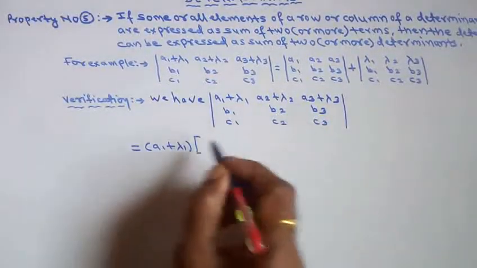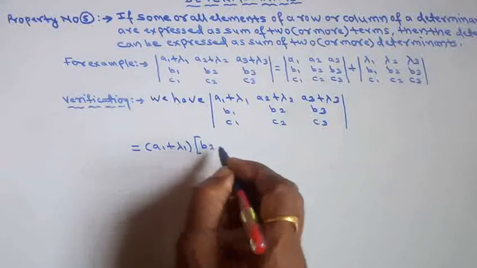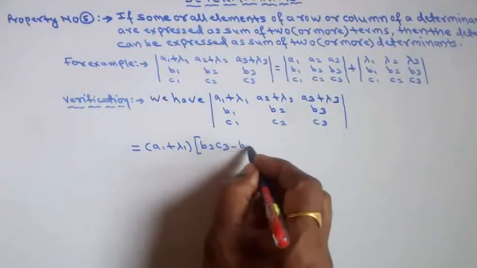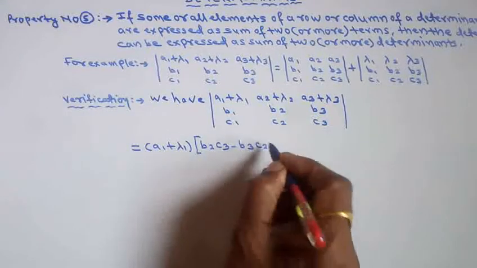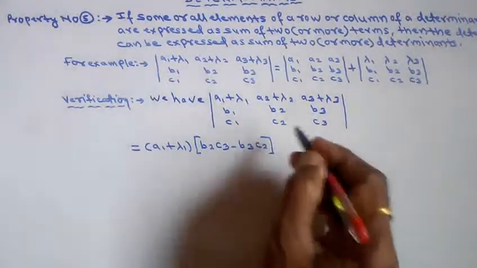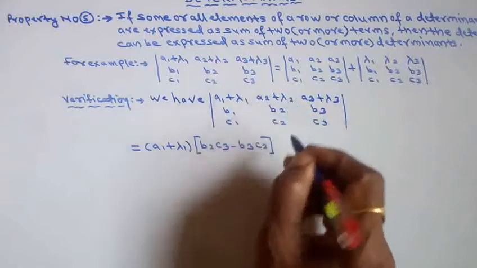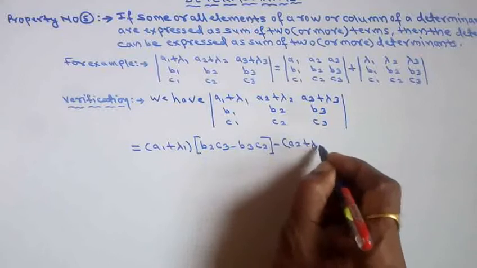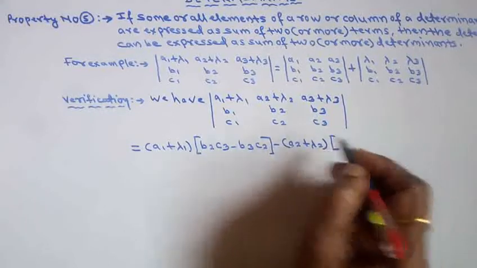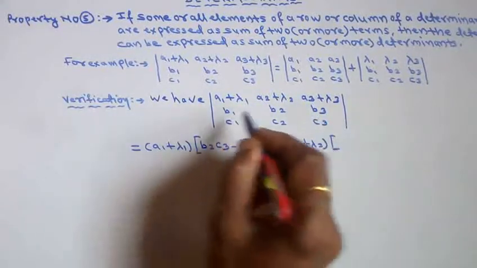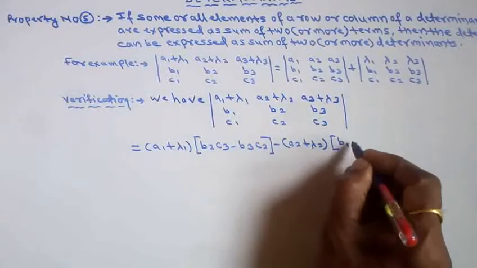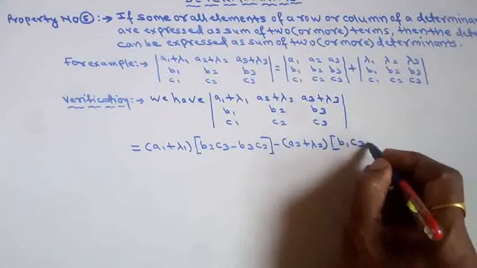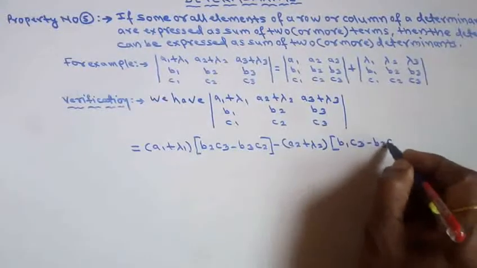this b2 c3 minus b3 c2. Okay, this subtraction, then plus minus middle term, minus a2 plus lambda 2 into, leave this row and this column, so b1 c3 minus b3 c1.